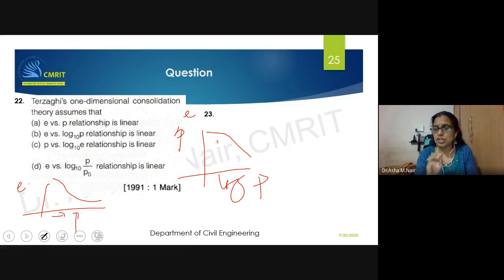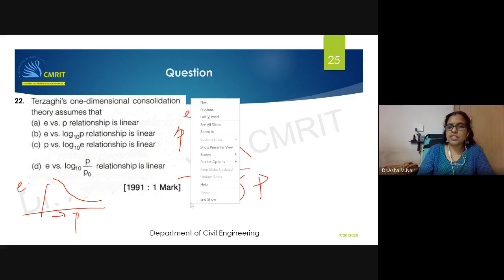Once you take the natural logarithm, only then will that relationship become linear. E versus log to the base 10 of P by P naught, what is P by P naught? That is the final pressure divided by the original pressure. It is linear. That is also false. So what is your correct option? It is option B, which is E versus log to the base 10 of P relationship is linear.